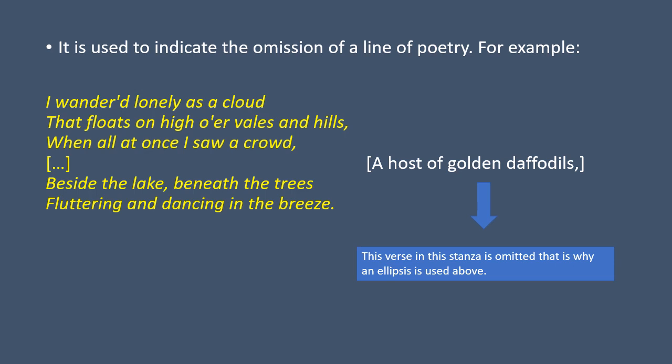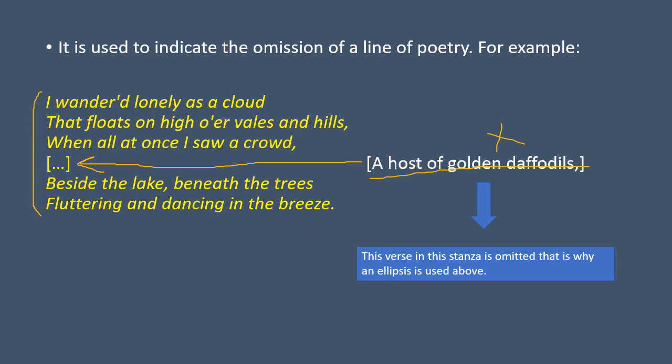So here, this one, "a host of golden daffodils." This was actually the line which went here, but because I don't want to use this, I think without this line the whole of the stanza can serve my purpose.